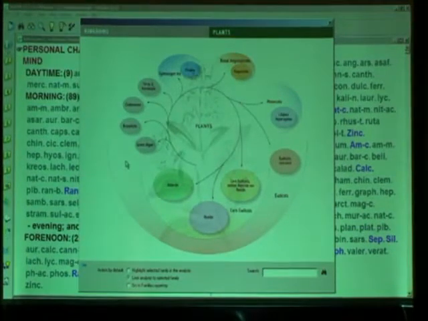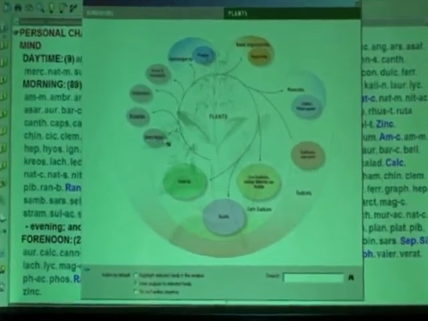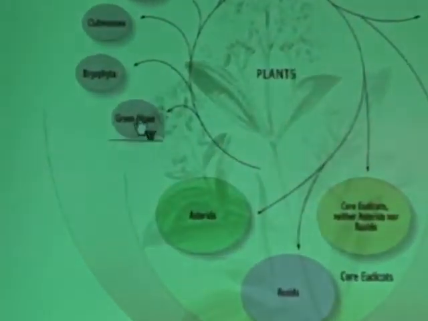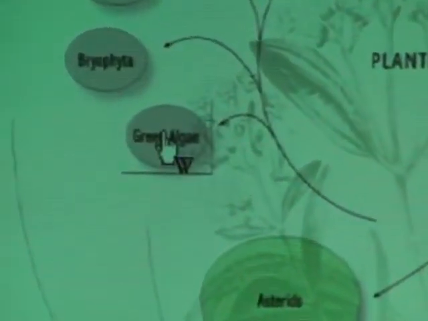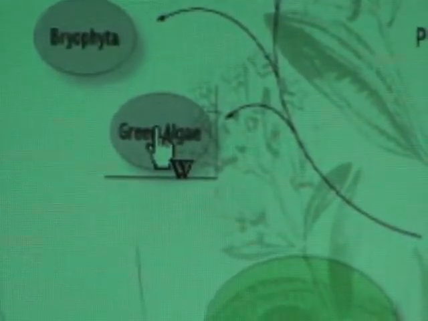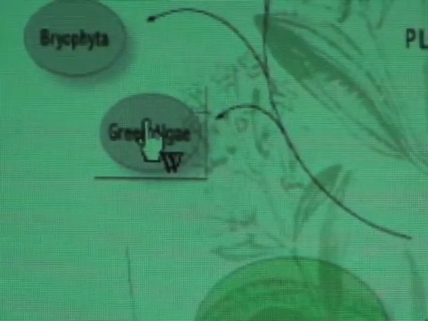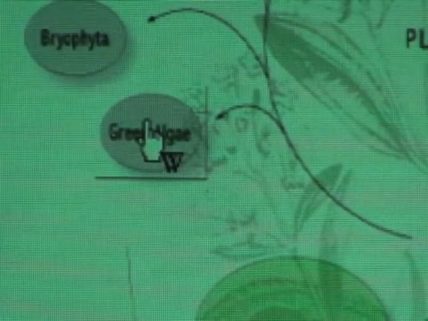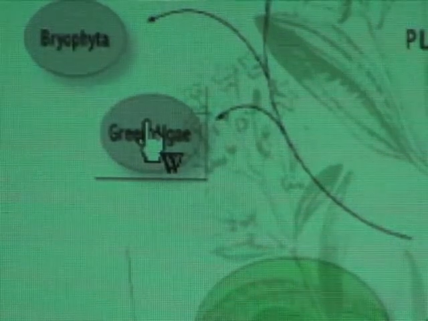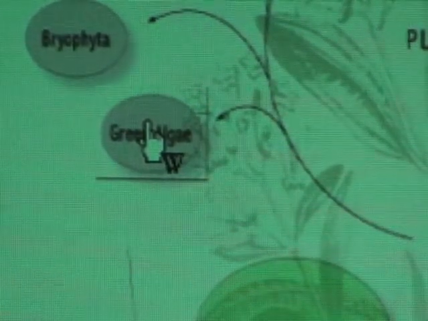Now, if I take my mouse and bring it over to the very first type of plants, which are green algae, I notice that my hand now appears to have a little W attached to it. This W tells me that there are no actual members of this particular grouping contained in our repertory or our materia medica.